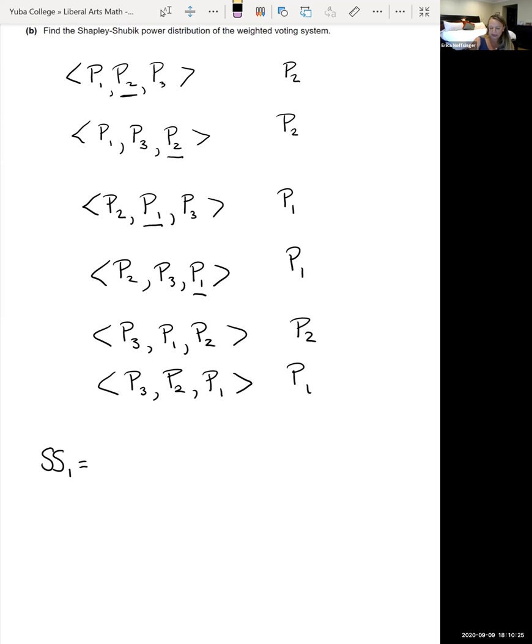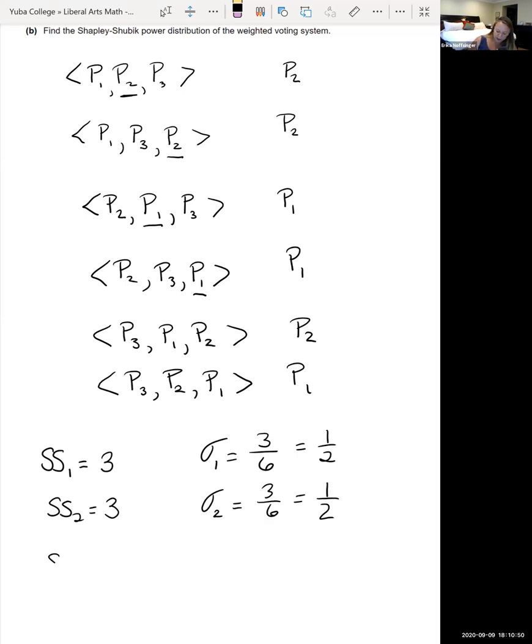They have 3 times that they're a pivotal player. 3 times out of the 6 possibilities is a half. Player 2 also was a pivotal player 3 times, and so their Shapley Shubik index is 3/6, which is 1/2. Poor player 3, they're never a pivotal player. They don't have any weight, so they have 0 out of 6, which is 0.